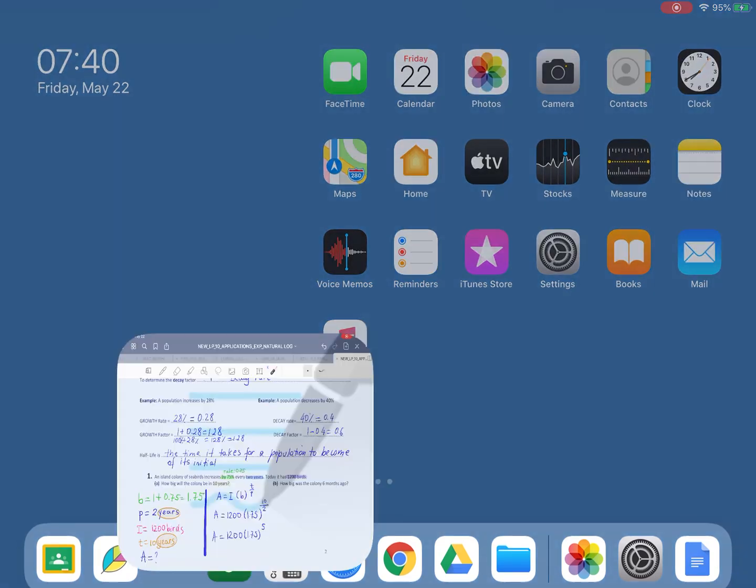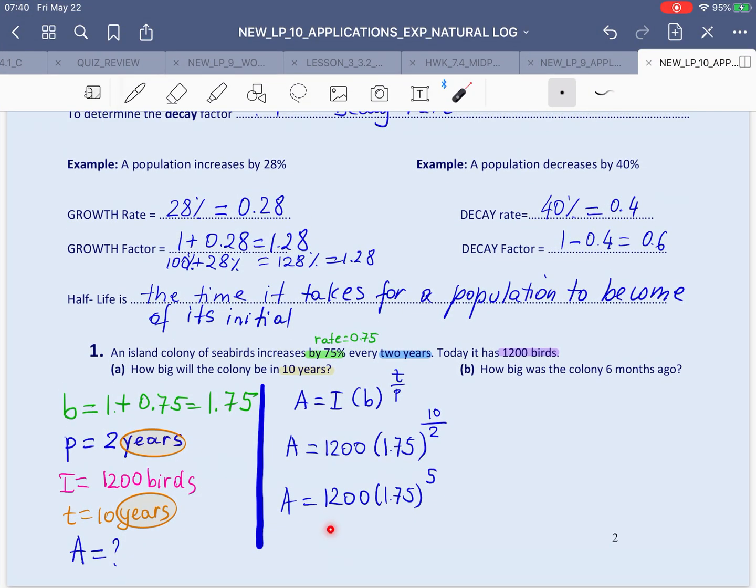I'll round down actually, because we're talking about the number of living things. So 19,695. That's how many birds will be present in 10 years, hopefully.